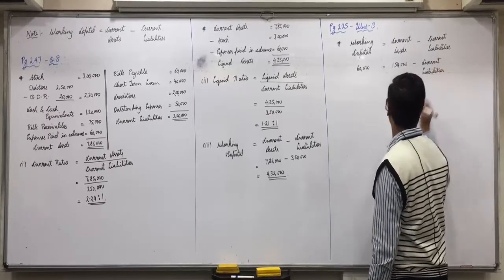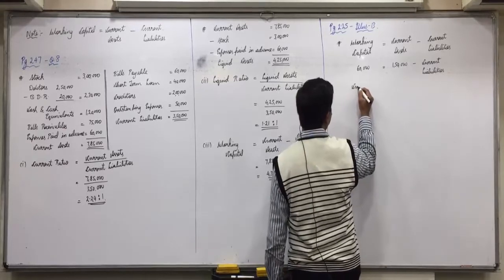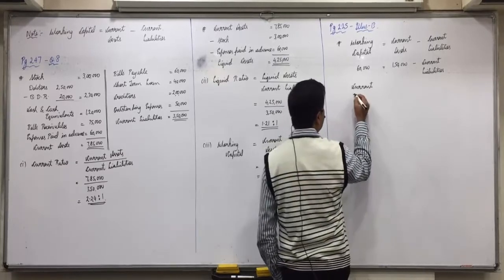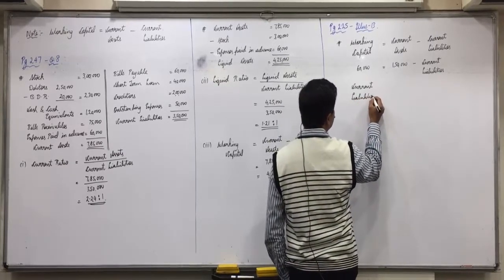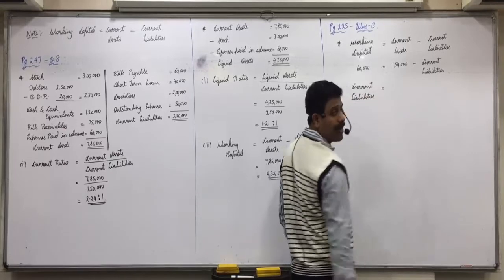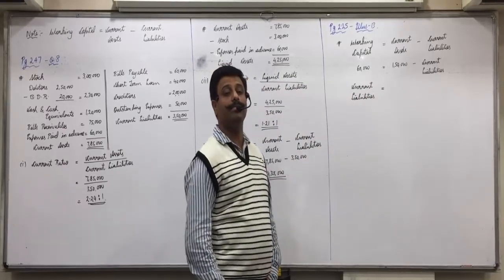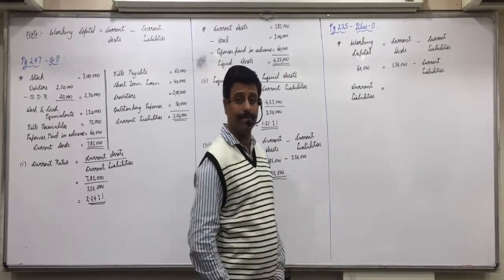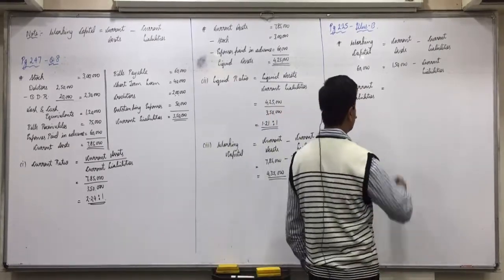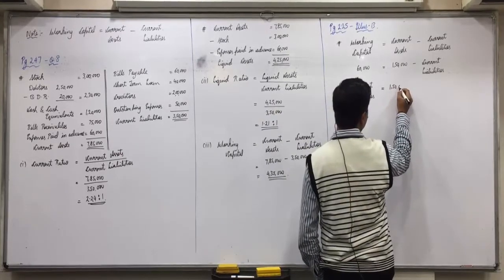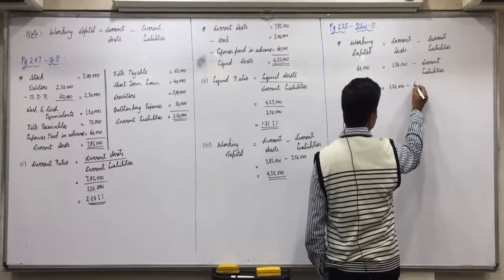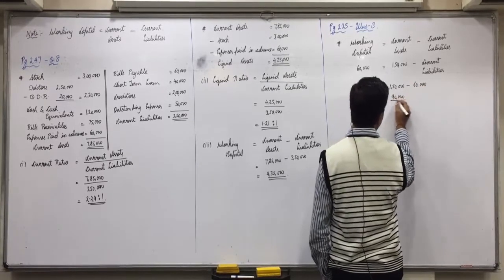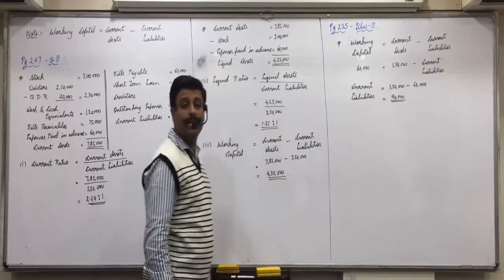Now current liabilities, if you bring on the left side, will become plus. How will you find current liabilities? 1,50,000 minus 60,000. So current liabilities are 90,000. Did everyone understand this? Yes.